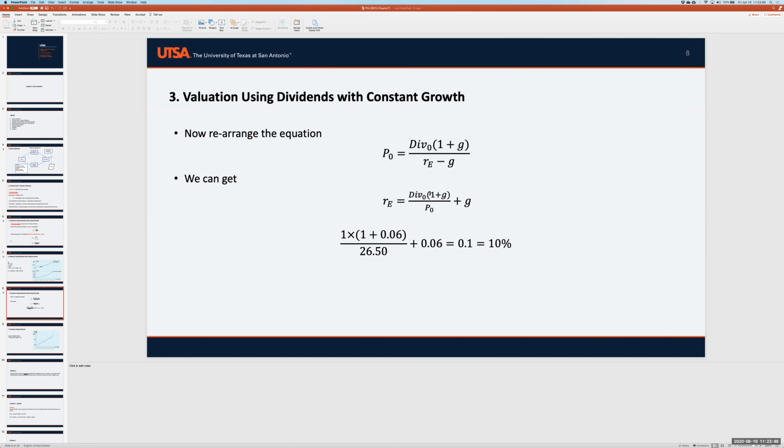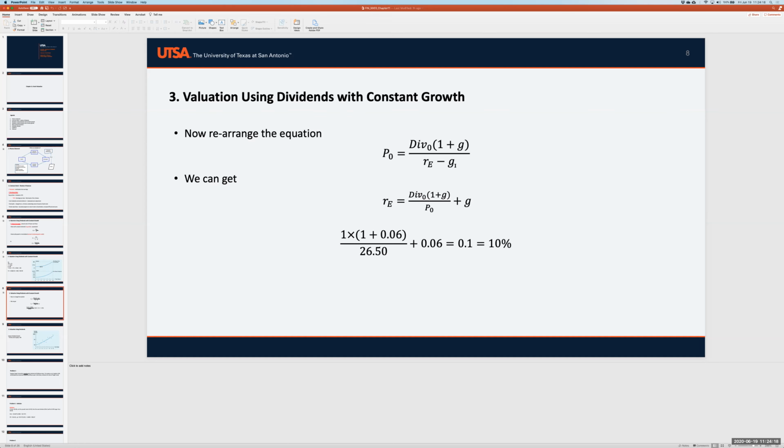And if you manipulate this equation, you can put this difference on the left hand side, and put the price as a denominator, and you can find the cost of equity equals the numerator divided by P0, plus g.